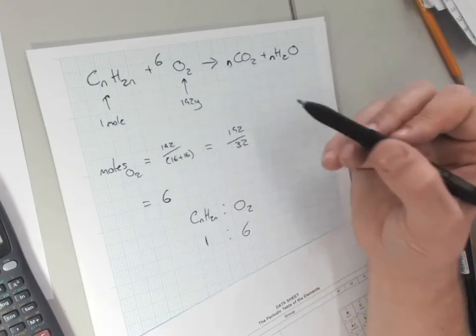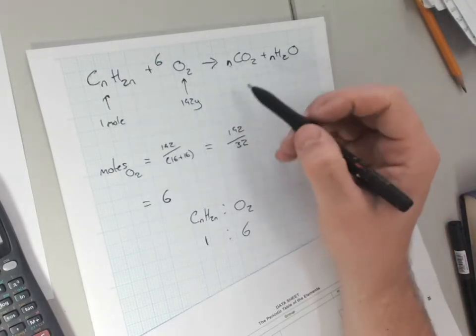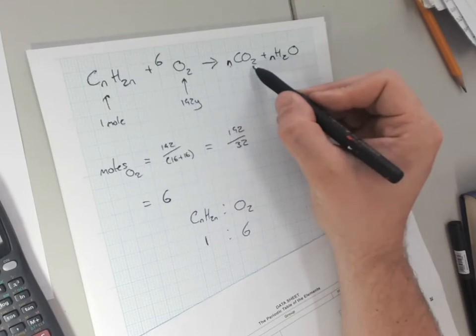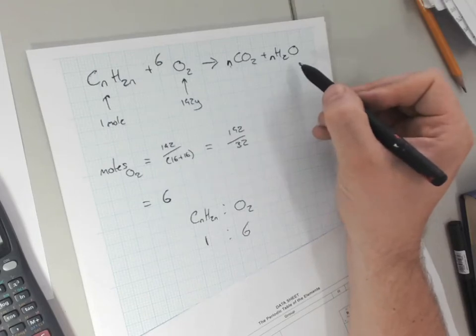We're getting close. If I had 4 CO2 and 4 H2O, then I would have 8 oxygens here and 4 there, so I'd add up to 12. That would be what I'd like.